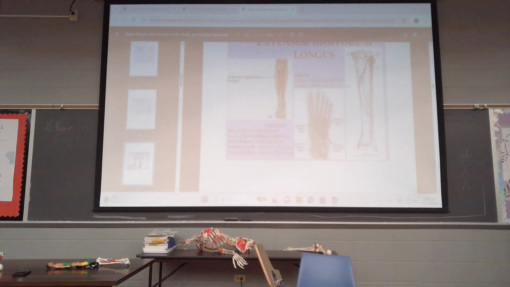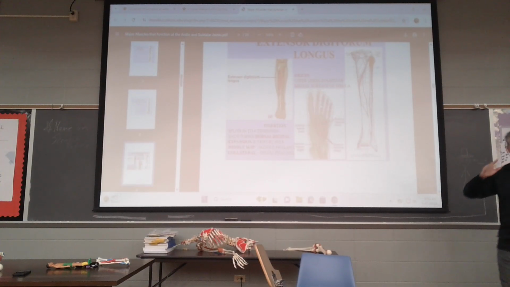I think you can see what I'm talking about right here. This would be your specialized big toe, and then here's your digits fanning out into second, third, fourth, and fifth. These would be little intrinsics that we're not going over in class. We're talking about our major extrinsic.